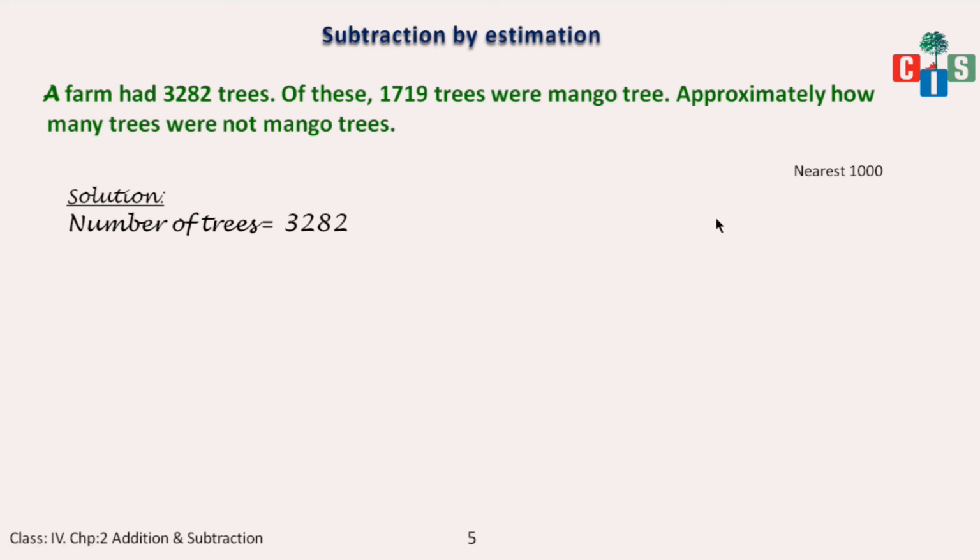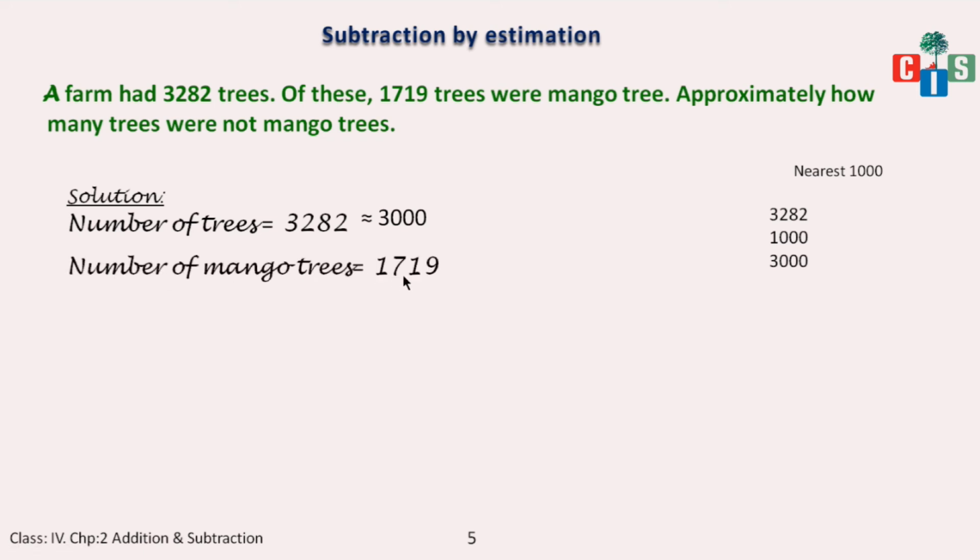When 3,282 is rounded to the nearest 1000, it turns to 3,000. You are rounding it down because the digit to the right of the rounding place is 2, which is less than 5. So my answer is 3,000. Now the number of mango trees is 1,719. You have to round to the nearest 1000.